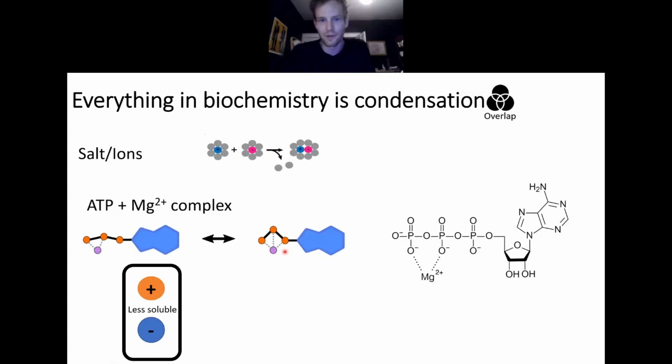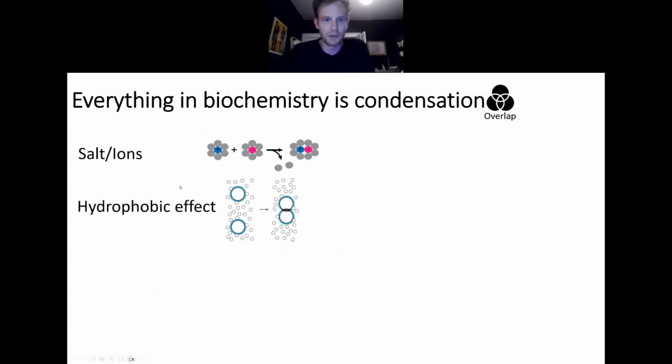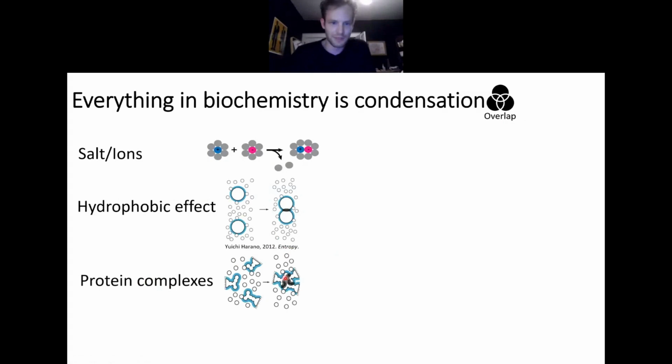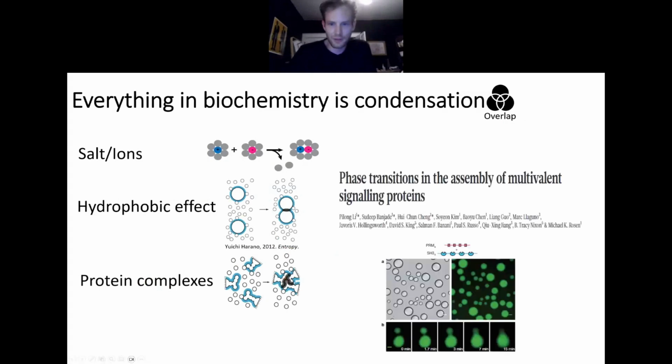And when you have the ATP magnesium complex, that itself is almost a precipitate. Right? And when you have the hydrophobic effect, two hydrophobic things coming together, that also releases water, which is a condensation reaction in a sense. Same thing for protein complexes coming together.